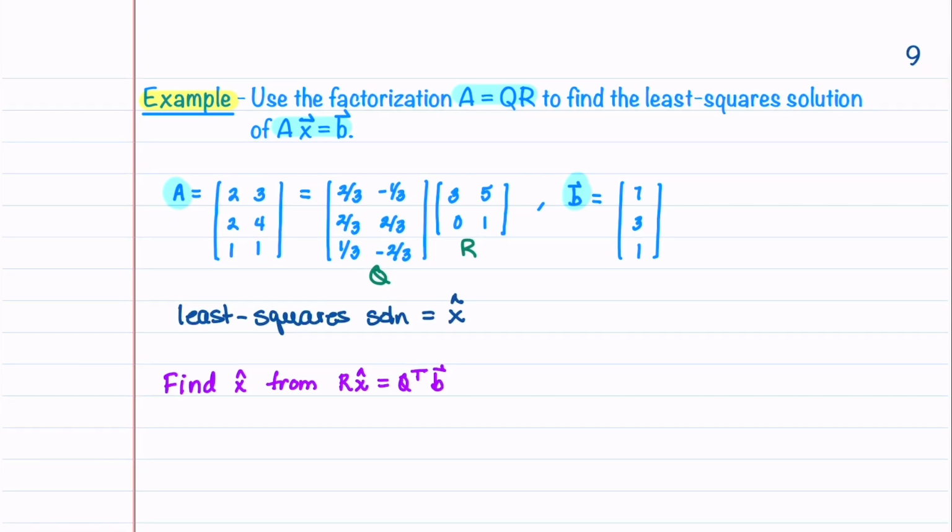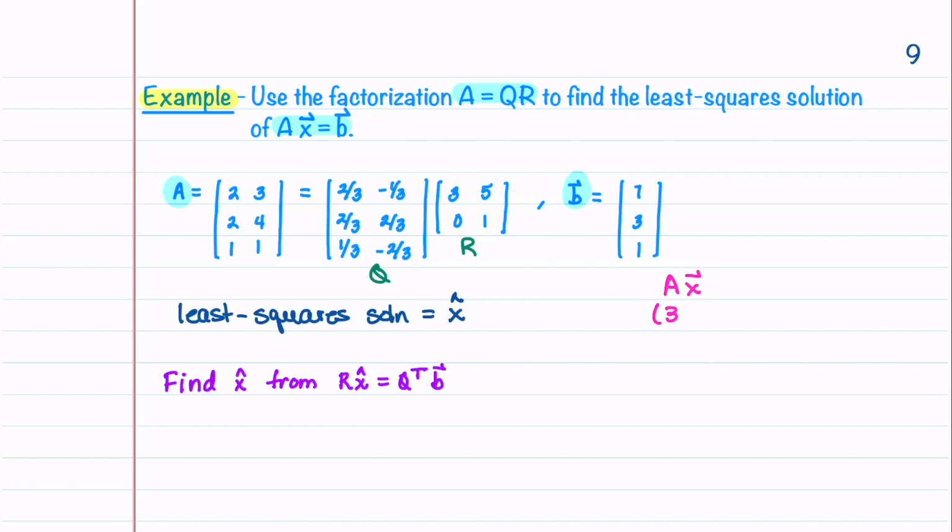When doing least squares problems, I think it's helpful to start by looking at the matrix vector product Ax and looking at its size. Our matrix A is a 3x2 matrix, which means that our vector x has to be a 2x1 vector.